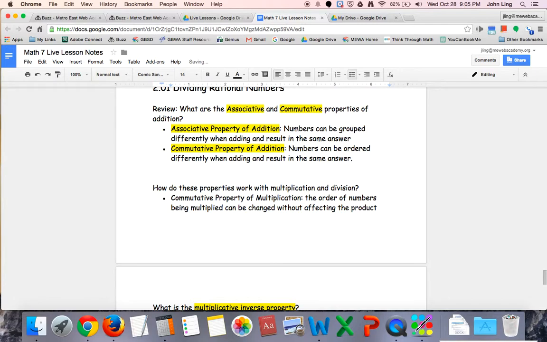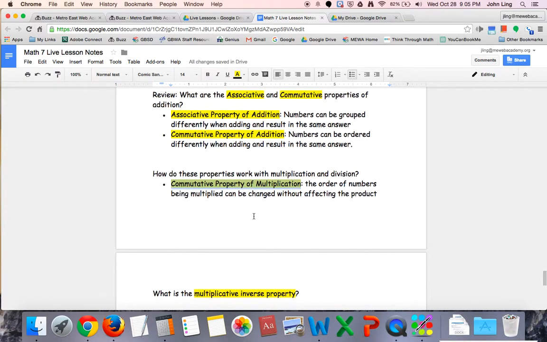And again, remember terminology, the product in multiplication is your answer. 3 times 5 equals 15, so 15 is the product. All right, so basically the same idea.